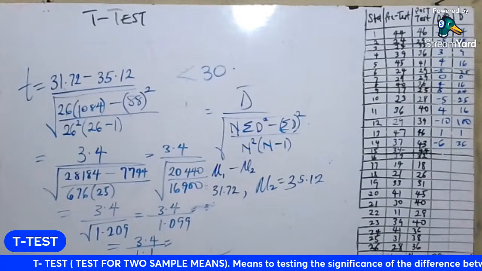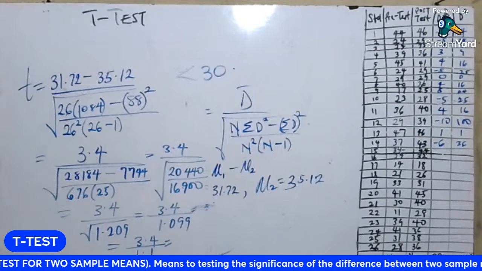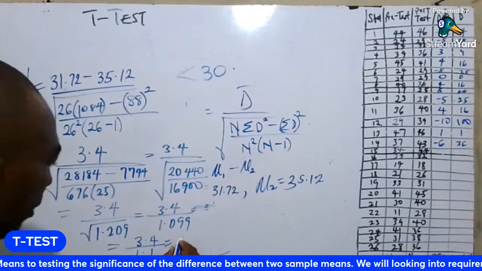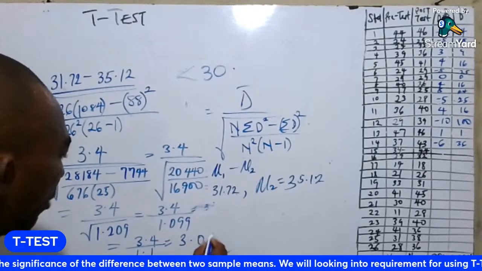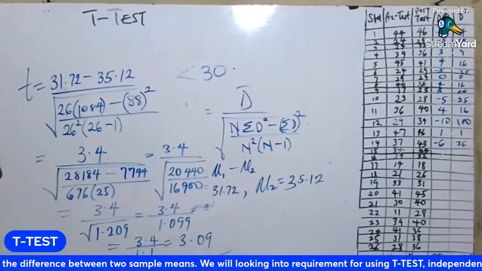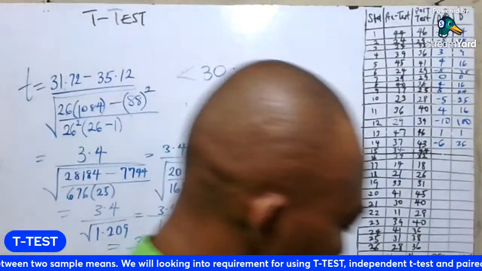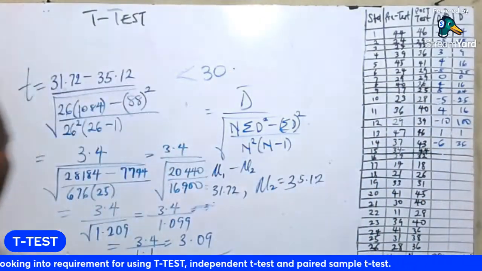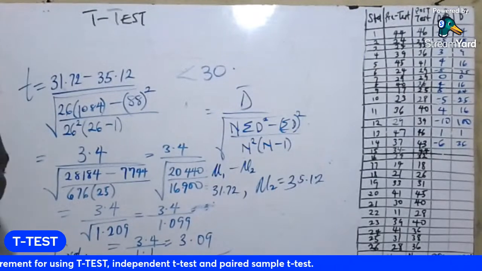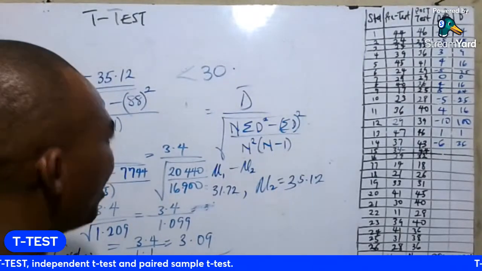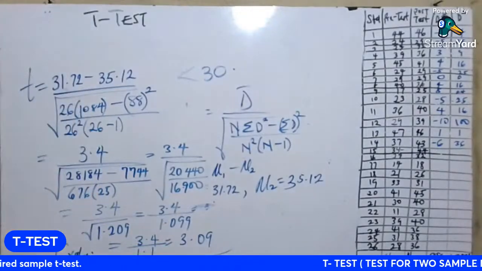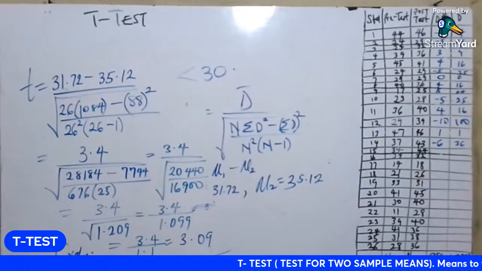So that is 3.4 divided by 1.1. And that will give me 3.09. So my calculated value now is 3.09.